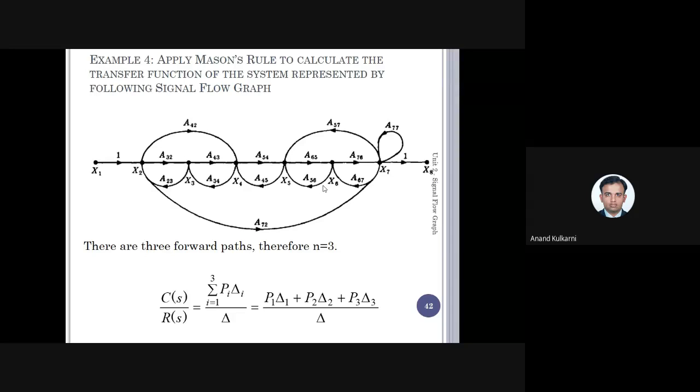Here I have given some hint: there are 3 forward paths, and you will have to identify which those 3 forward paths are. And there are so many loops. If this problem comes, it will be for at least 12 to 15 marks, because it is slightly bigger than the others.